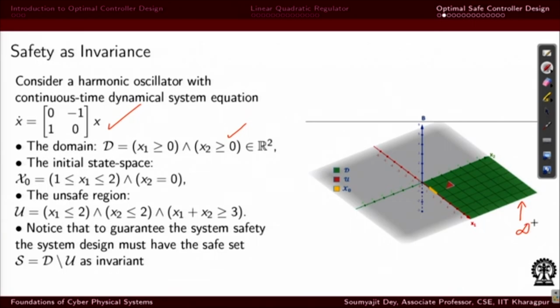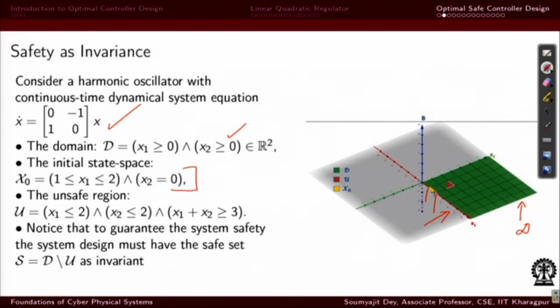And we are saying that the system may start from an initial state space where x2 is equal to 0, so you will always be on this x1 axis, and x1 initially is between 1 and 2. So, that is your initial state space. That means the system can start from anywhere on this yellow line here.